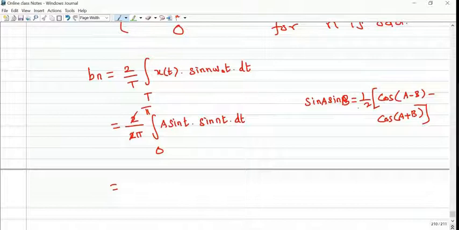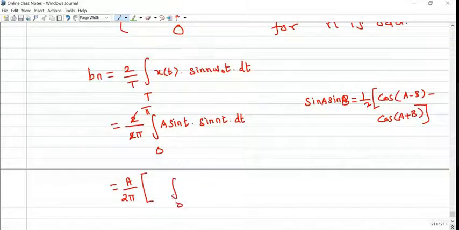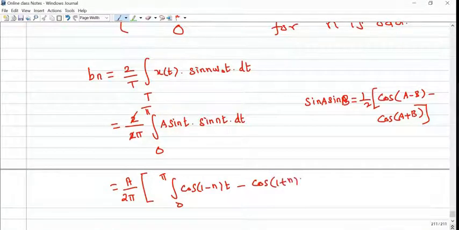Now according to this formula, we are getting 1 by 2 pi. A is a constant, so take it outside. So integration 0 to pi of cos of (1 minus n)t minus cos of (1 plus n)t dt.